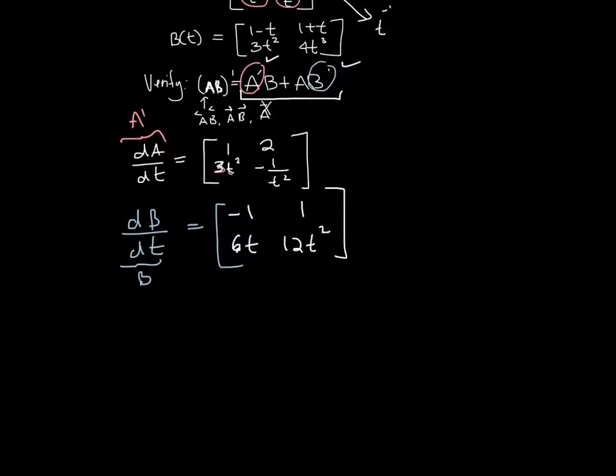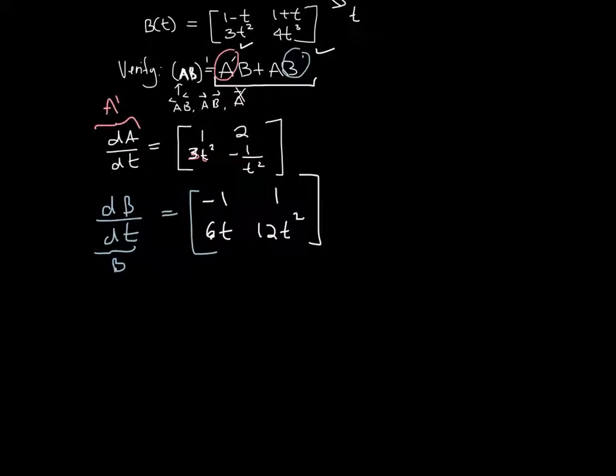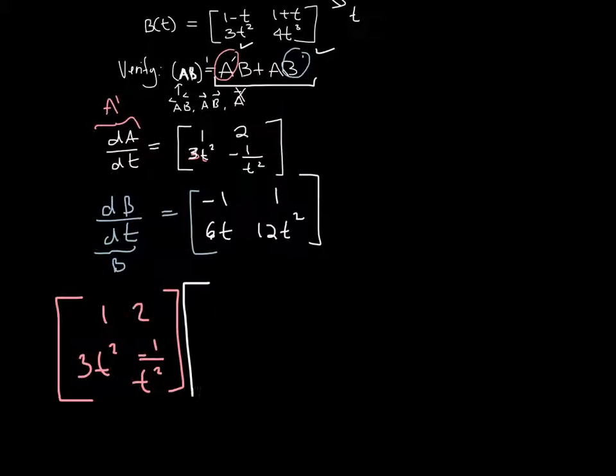Again, this is really just differentiation combined with some matrix multiplication. So A prime, let me put it in pink: 1, 2, 3t squared, negative 1 over t squared, times B. Our original B is 1 minus t, 3t squared, 1 plus t, 4t cubed.